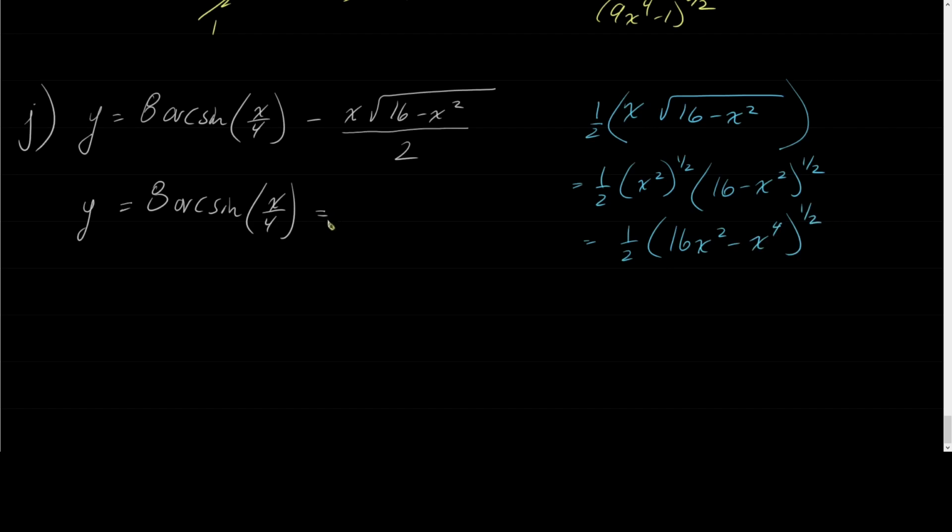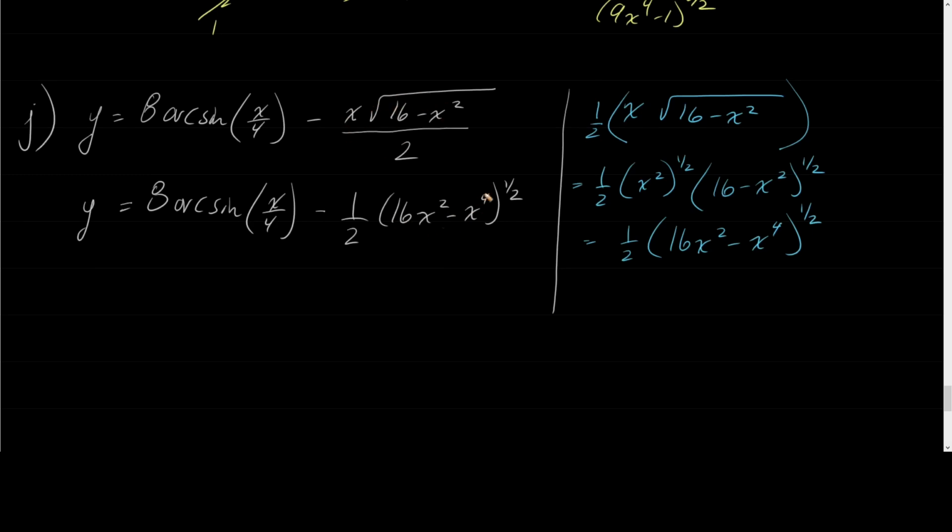So that's what we get for this statement. I'll write it as 1/2 times 16x squared minus x to the 4th to the 1/2. And the reason I wanted to manipulate that was because otherwise I would have needed a product rule here, and that might have been annoying to do.